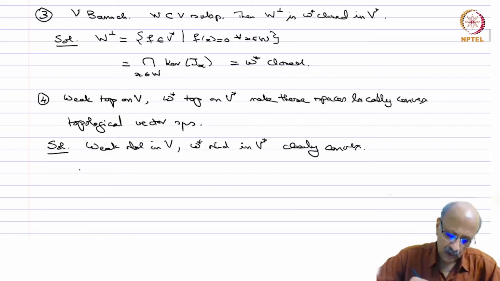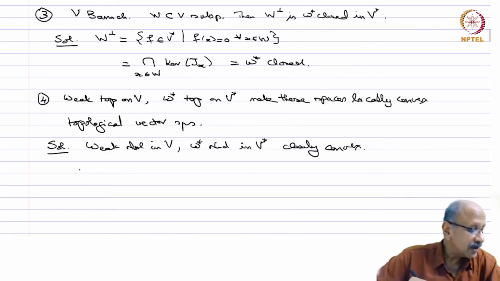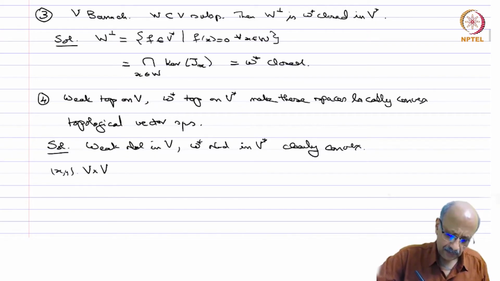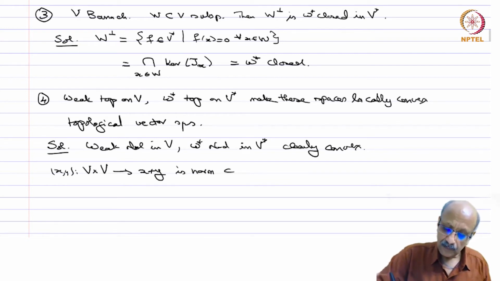So we only need to show addition and scalar multiplication are continuous. If you take V cross V, then (x,y) going to x plus y is norm continuous, which implies weakly continuous.